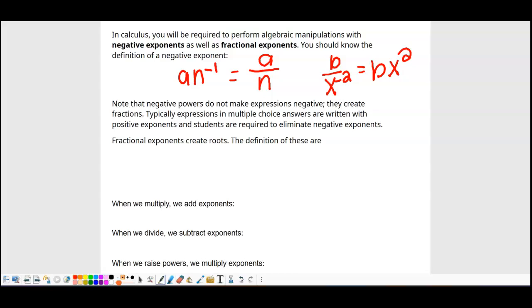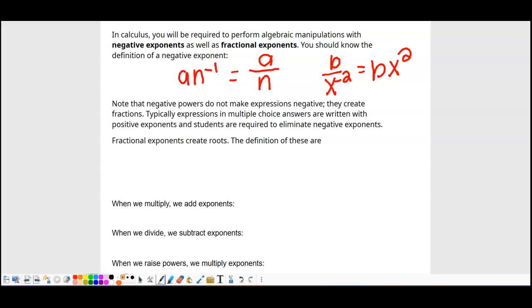So sometimes students feel like, oh, n to the negative 1 means that that's a negative number. It does not. They simply create fractions. Typically, expressions in multiple choice answers are written with positive exponents. So that's why I so heavily stress being able to understand this. They're not typically going to give you a multiple choice answer with a negative exponent.